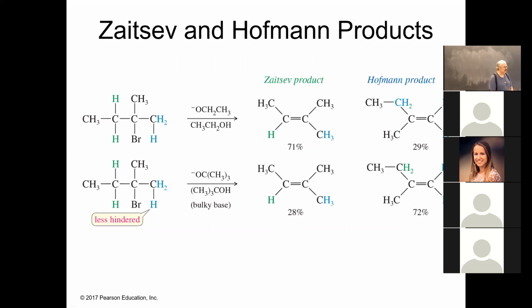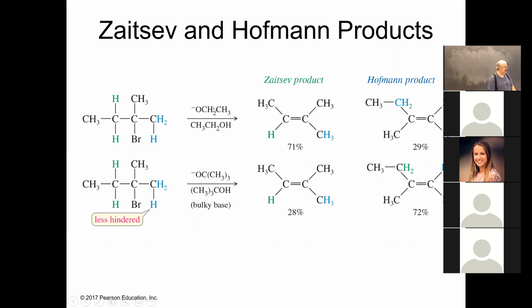So here's an illustration. We've got 2-bromobutane. We've got 2 sets of beta hydrogens. We've got these 3 that are color-coded in blue and these 2 that are color-coded in green. So we can get 2 alkene products.